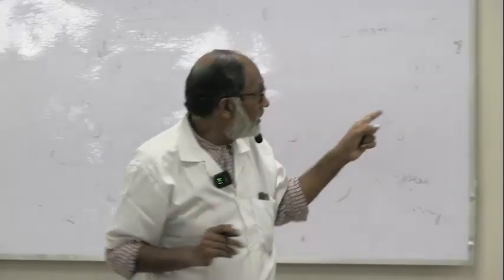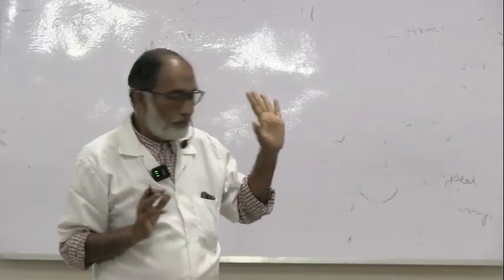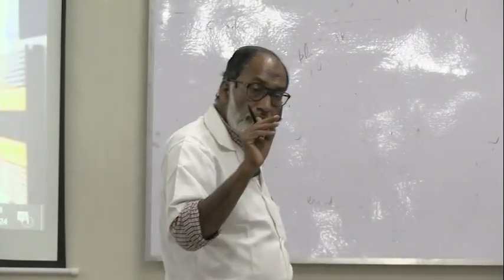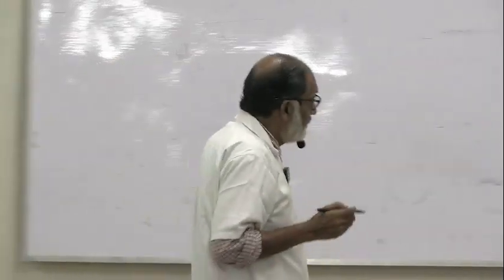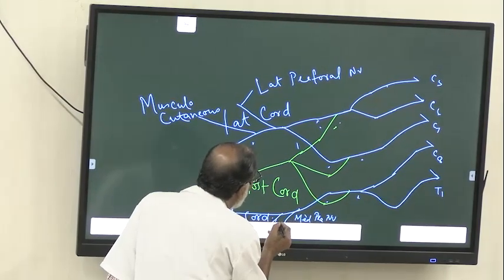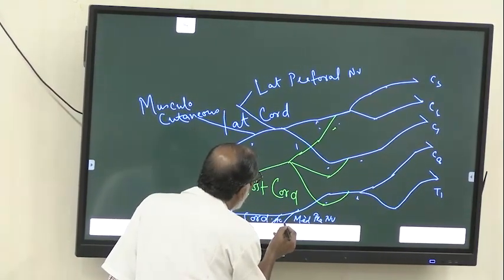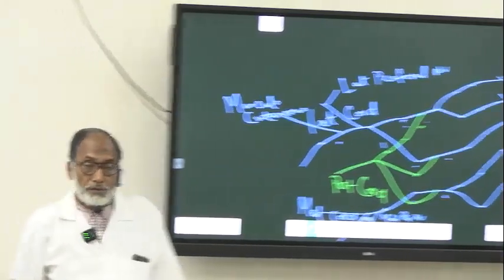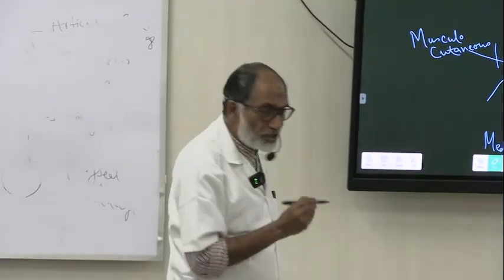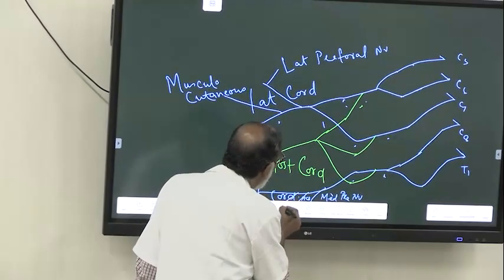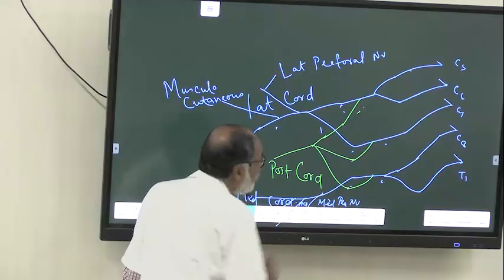Now, second nerve is the medial cutaneous nerve of the arm. Another nerve it gives off is the medial cutaneous nerve of the forearm.